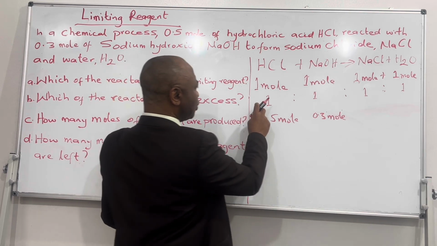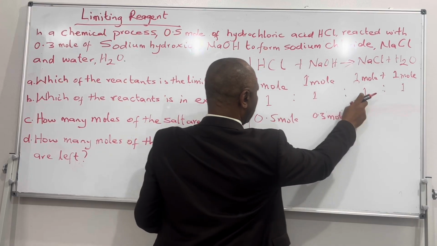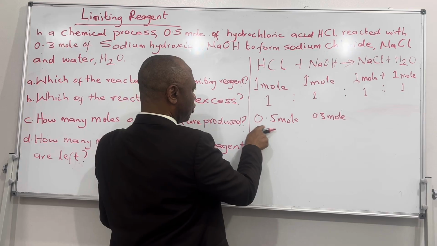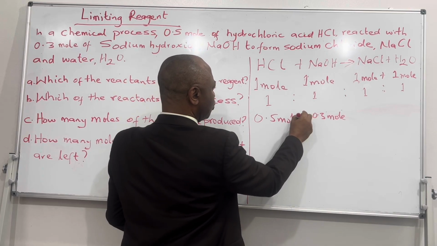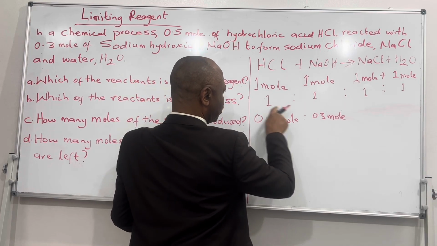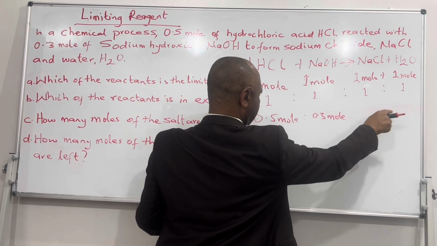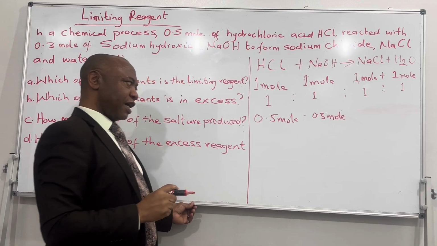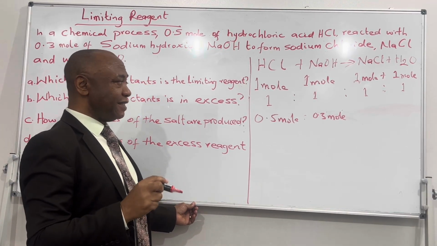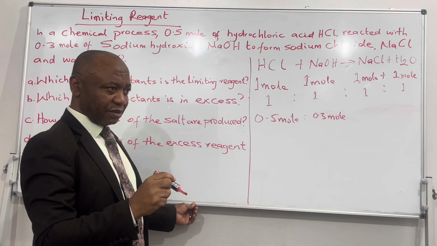Now, from the mole ratio 1:1:1:1, compare it with this mole ratio, 0.5:0.3. This mole ratio is not consistent with this because sodium hydroxide has the least number of moles, 0.3. Sodium hydroxide is the limiting reagent.